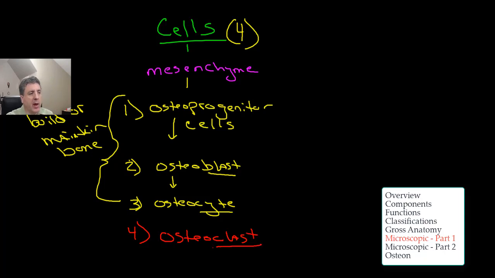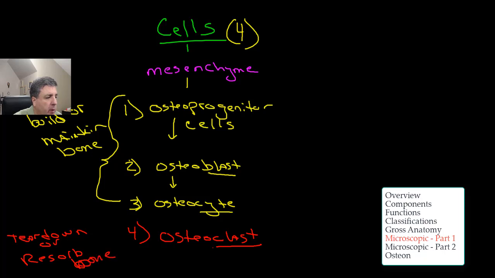That's a whole separate type of bone cell. The osteoclast's function is to tear down or resorb bone. The other ones essentially build it up or maintain it. The osteoclast tears it down.